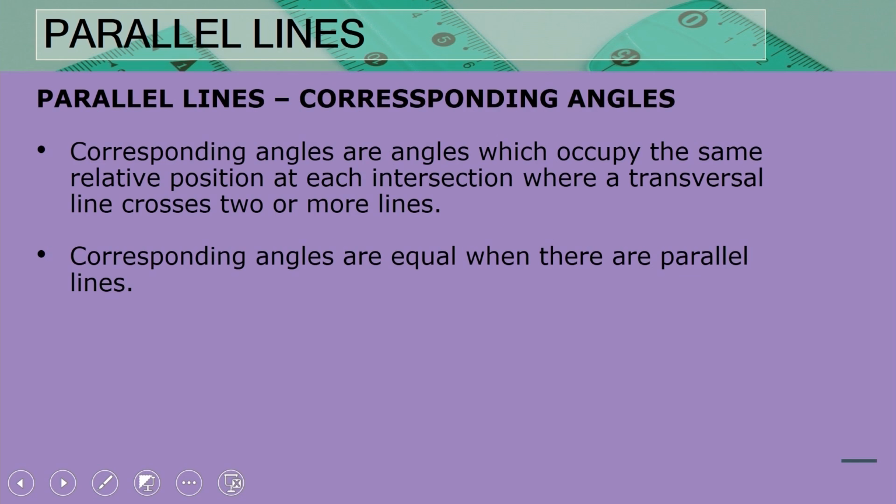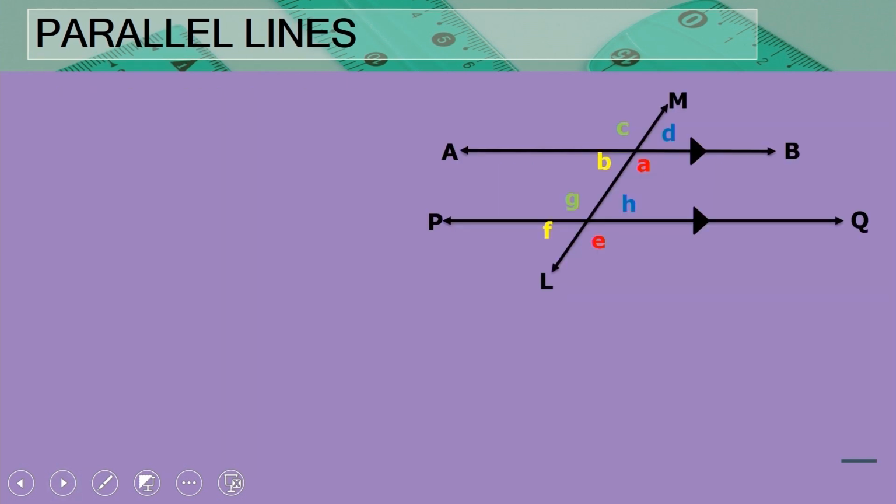So when we're talking about corresponding angles, when the lines are parallel, remember, corresponding angles are now the angles that occupy the same relative position at each intersection where a transversal line crosses two or more parallel lines. So when we have corresponding angles, and those corresponding angles are there when they are parallel lines, then that means that those two corresponding angles will be equal.